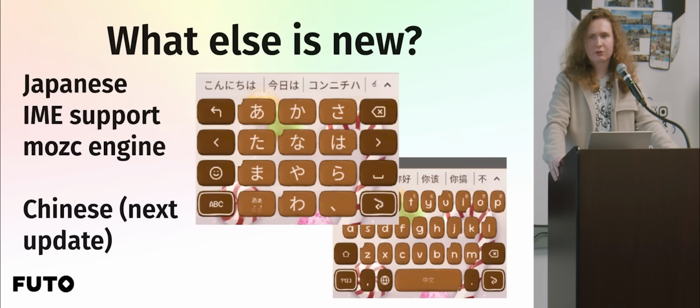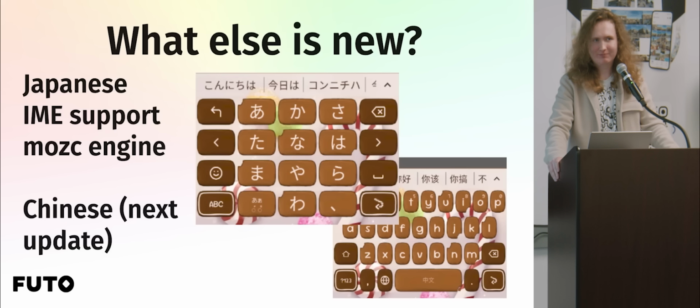I'll just do a quick update on other things that we have shipped recently. So there's Japanese that was shipped recently. That's one for the weebs, you know. So we care about you guys. We know that you're part of our addressable market. So there's the flick layout for Japanese.